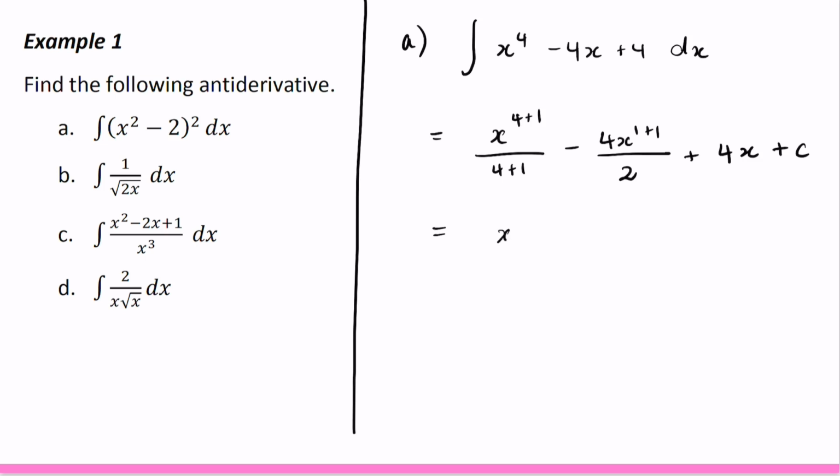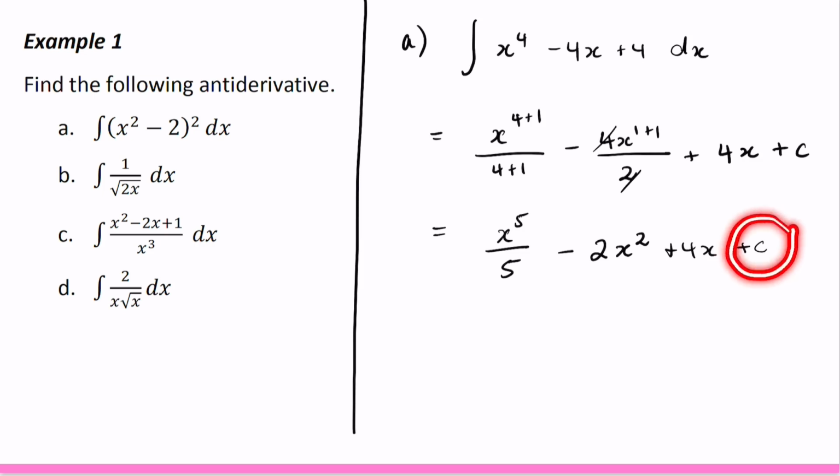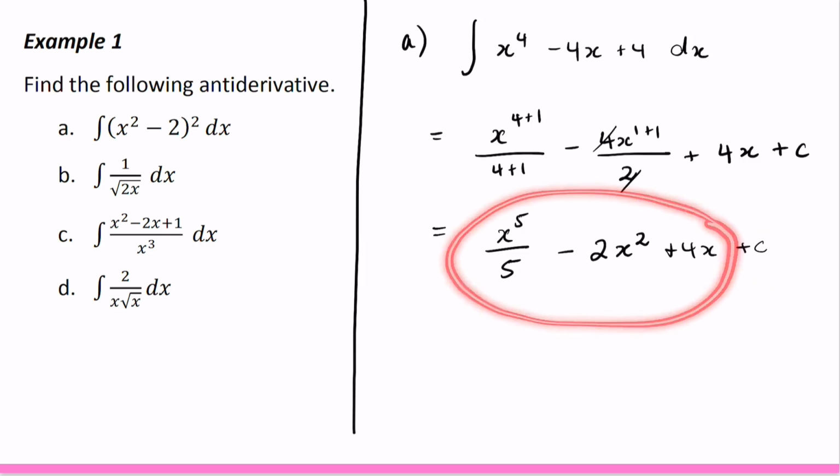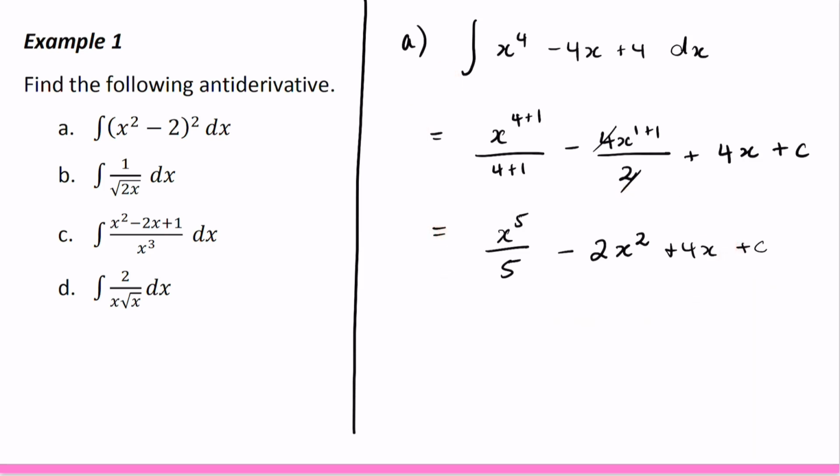So what does this end up looking like? So that's x to the power of 5 on 5 minus the 4 and 2 cancel out, so that'll be 2x squared plus 4x plus c. So this is the original function, and we'll have to get more information in order to find c. If you want to check that this is correct, just differentiate that and you should be able to get back to this original function, or the derivative function rather. Okay, so that's part A.